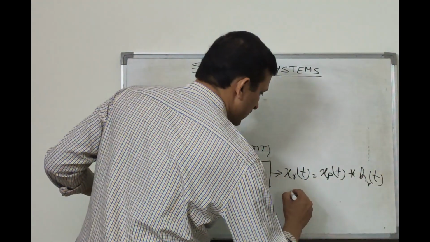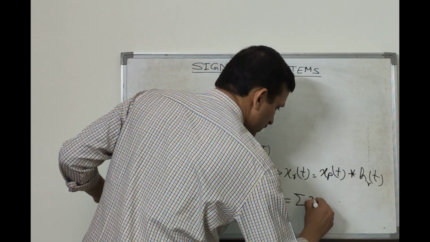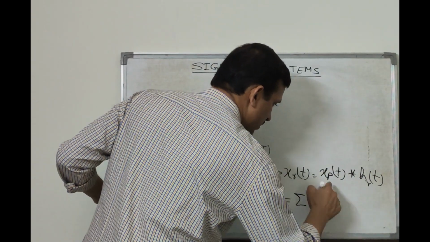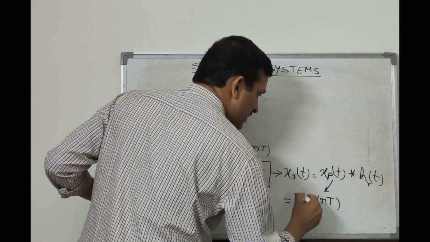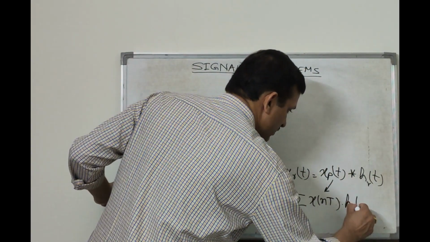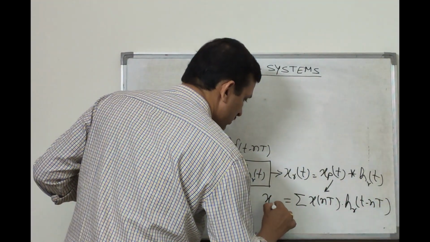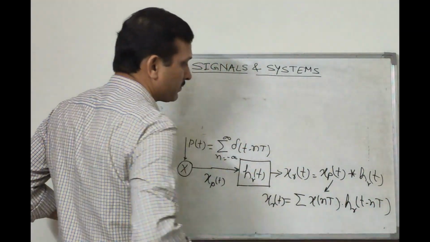Then in that case this x_r(t) will be the summation of x(nT) multiplied by h_r(t minus nT). This will be our reconstructed signal.